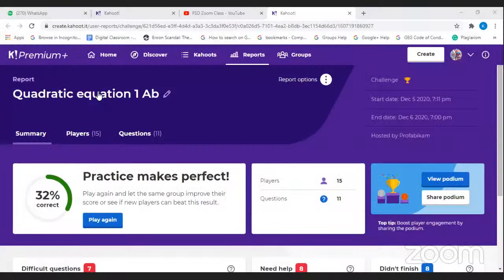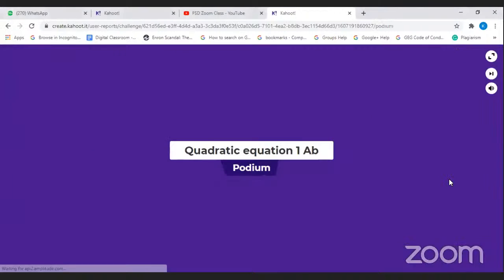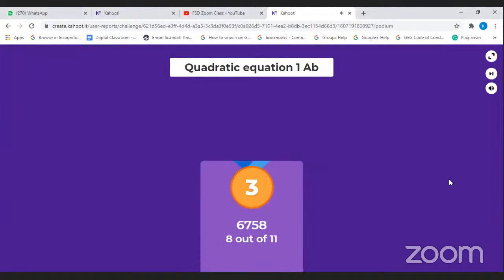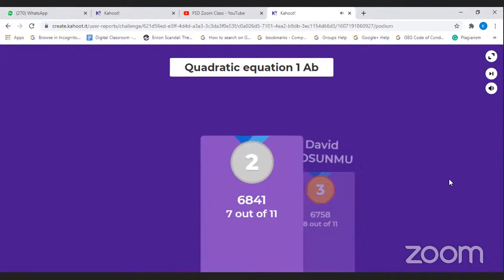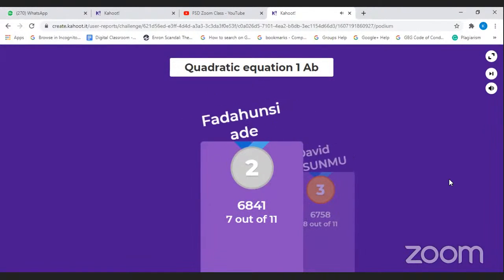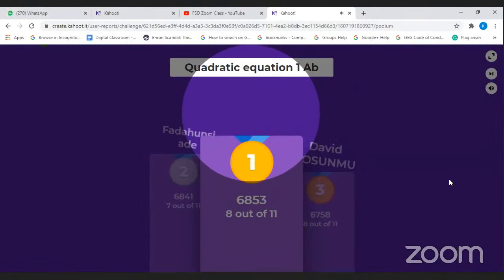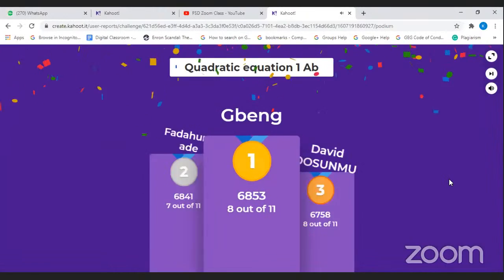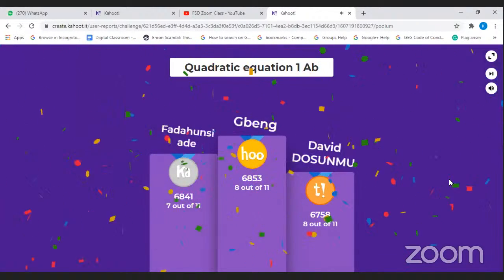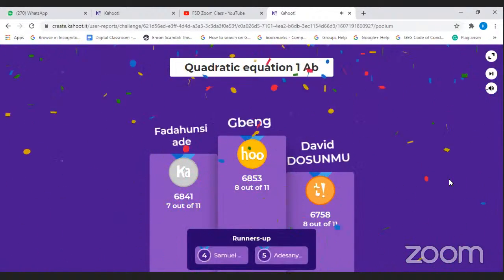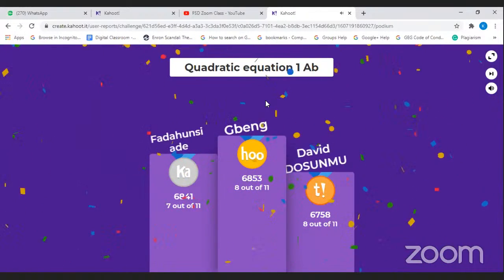Let's see the podium to see the winners of the competition. David Dosidi took the third position, Father on second position, and the fourth position goes to Gbenga. So that's just the result of it.